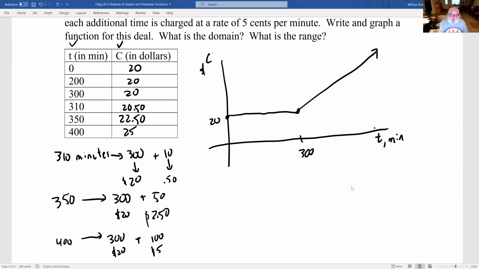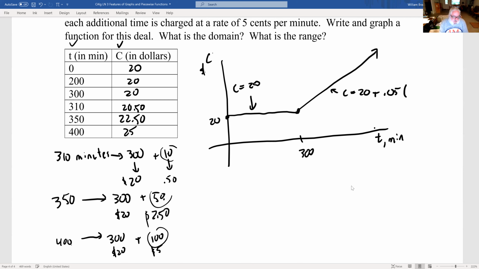So what's the formula? This part, your cost is just $20. This part, your cost is $20 for the first 300 minutes, plus 5 cents for every minute over 300. So the 10 minutes, the 50 minutes, the 100 minutes.